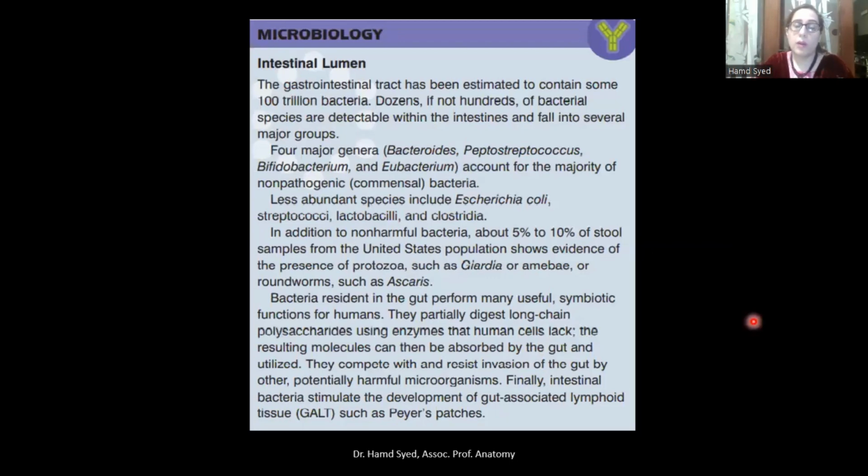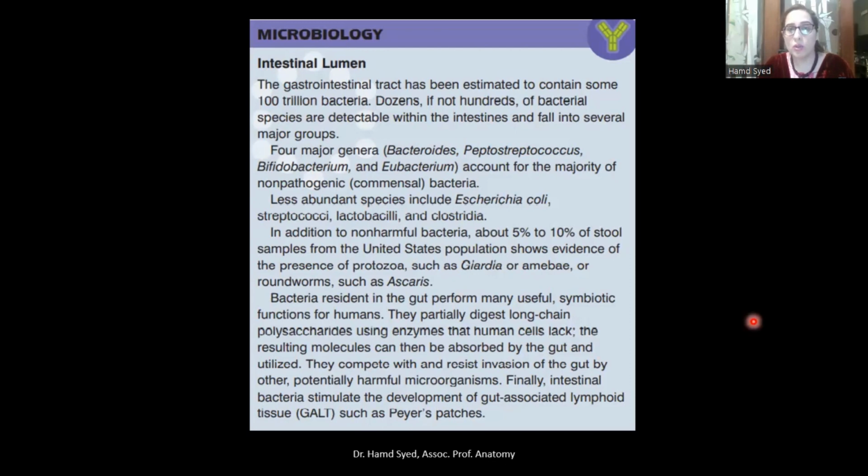Now, when we talk about the process of digestion and absorption, which is taking place within the small intestines, I would like to mention that there are many bacteria which are present within our gastrointestinal tract. In fact, about 100 trillion bacteria are said to reside within the human gastrointestinal tract.